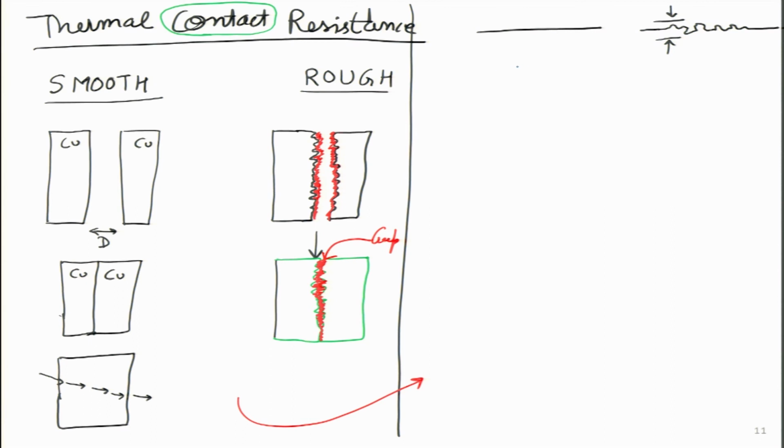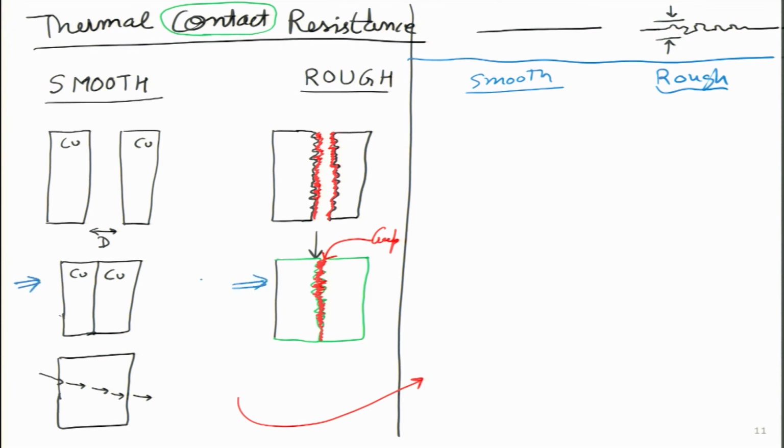So, for the smooth case, on the left I am keeping the smooth case, and on the right hand side I am keeping the rough case. So, I am considering these two cases. Let us say I am passing some heat through this particular combined block, right?